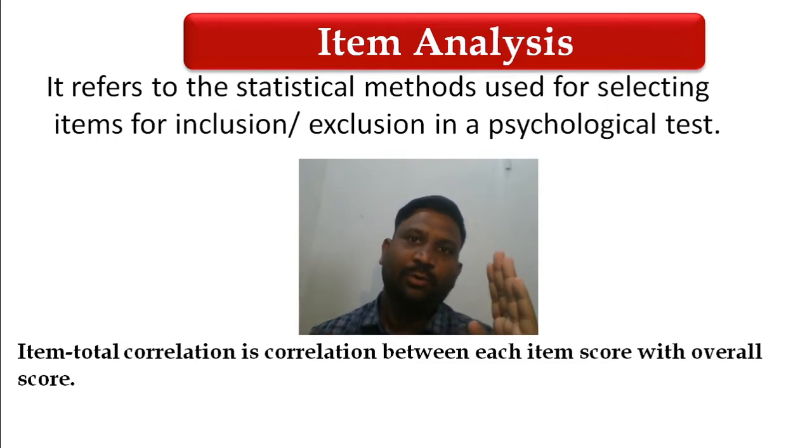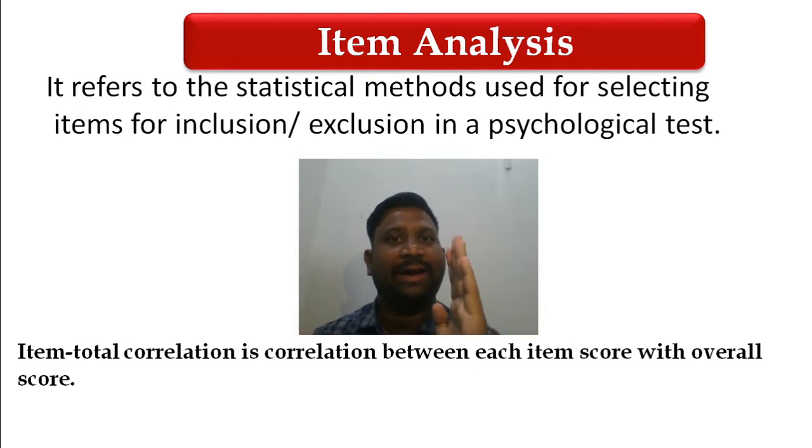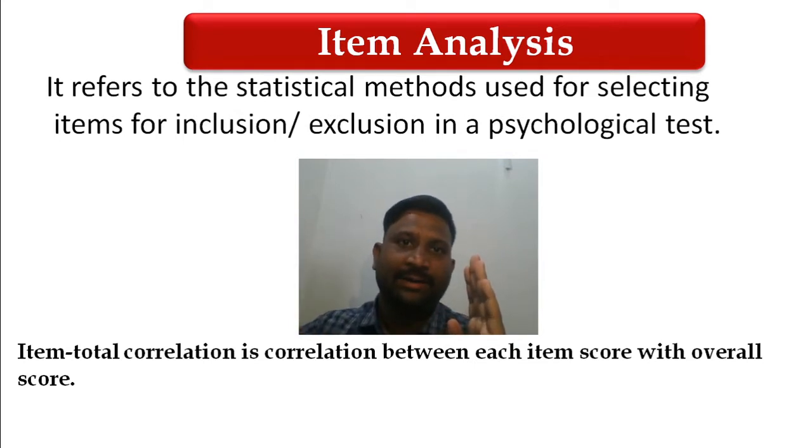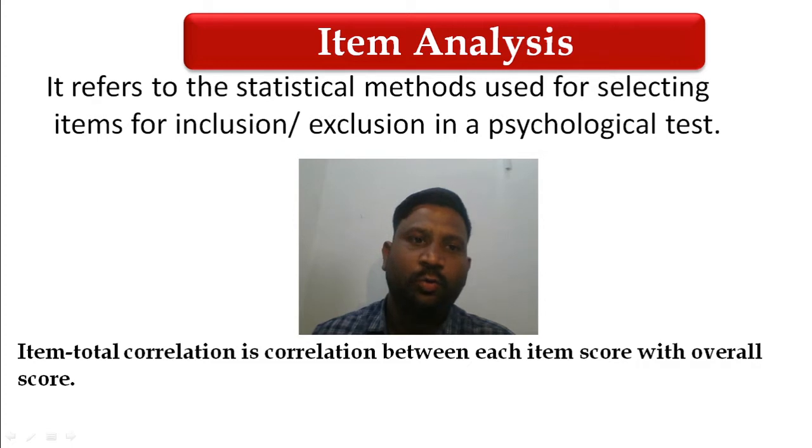Whereas when the item total correlation is low, it means the item is scoring high but the overall score is low. It means those who are scoring high overall have a low score on that item. It means we should exclude the item. For point biserial correlation or item total correlation, the standard value is 0.2.